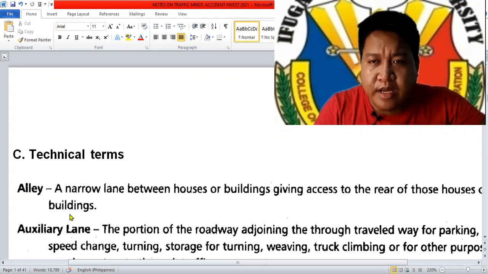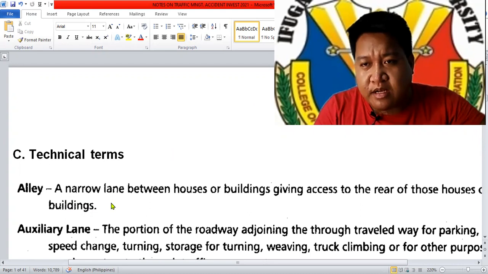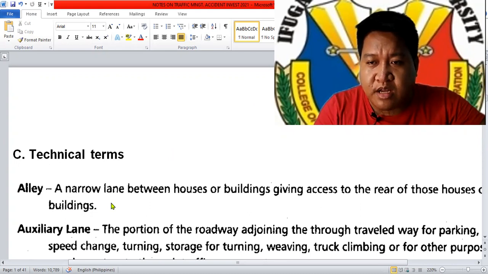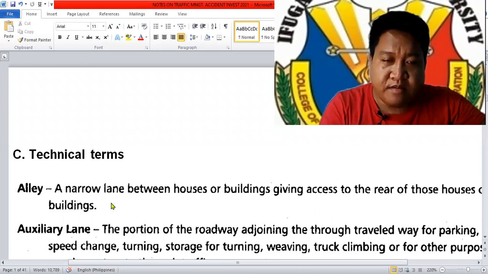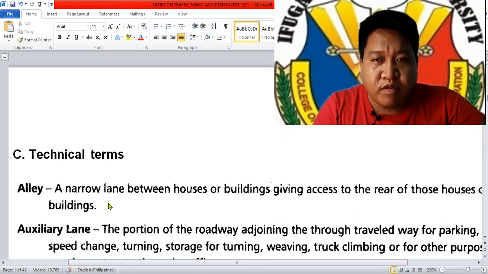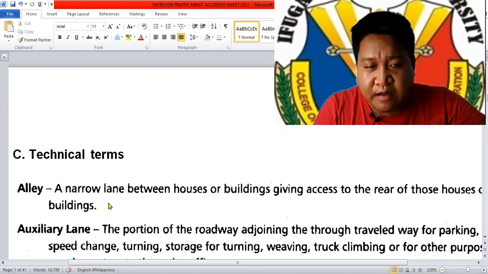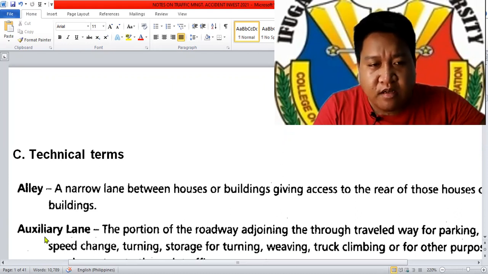The term alley is common to us, but technically speaking, as far as traffic management is concerned, it means a narrow lane between houses or buildings giving access to the rear of those houses or buildings. So the small passageways in between buildings, leading inside to other houses, are considered an alley.